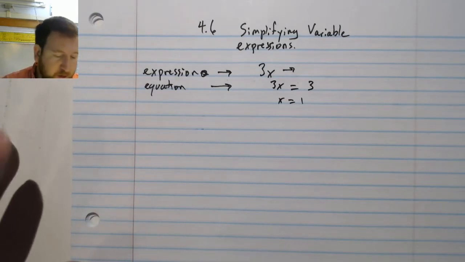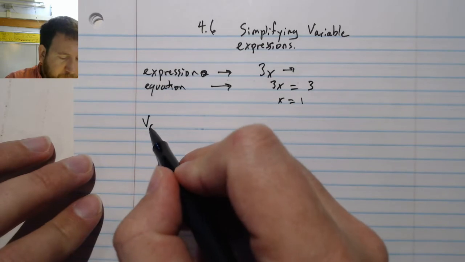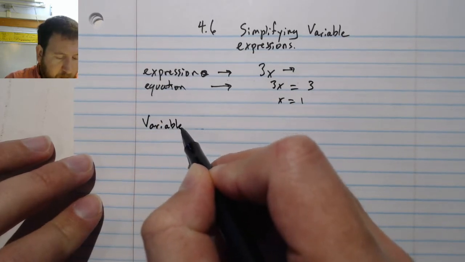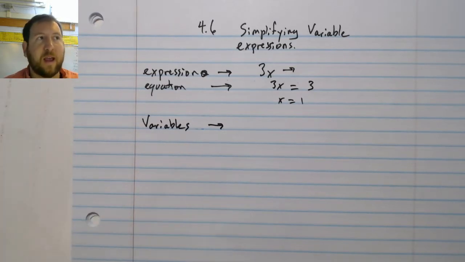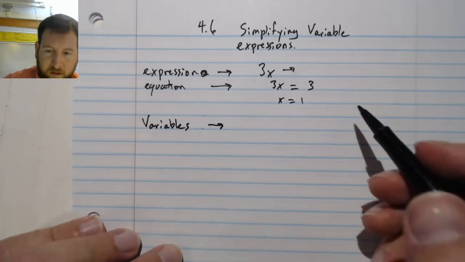All right, we're going to be looking at variables again. Remember, variables are when we use numbers to represent a whole set of possible numbers.